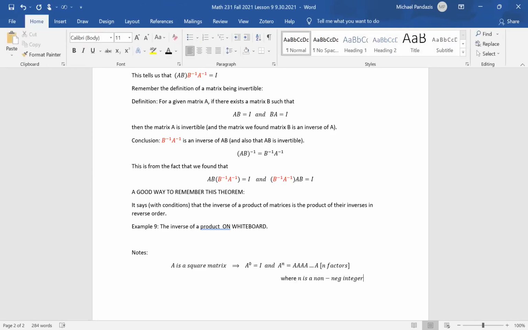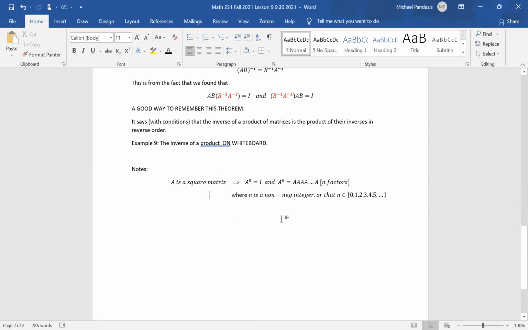N being a non-negative integer means that it's 0, 1, 2, 3, 4, 5, 6, and so forth, or that n belongs to the set 0, 1, 2, 3, 4, 5. So those are the non-negative integers. Okay, so that's if A is a square matrix.